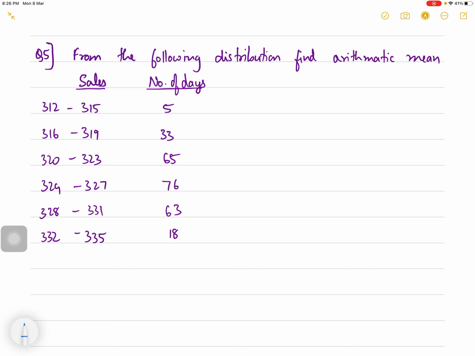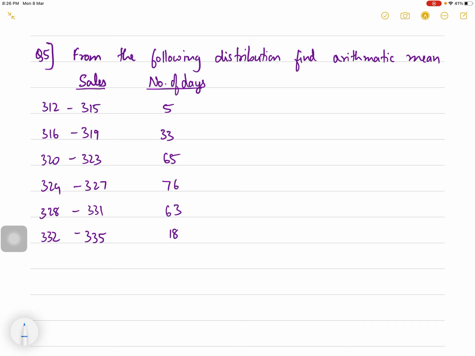So 12, 13, 14, 15. The difference is 4. 16, 17, 18, 19, again 4. 20, 21, 22, 23, again 4. 24, 25, 26, 27, again 4. 28, 29, 30, 31, again 4. 32, 33, 34, 35. So that means my C is equal to 4.